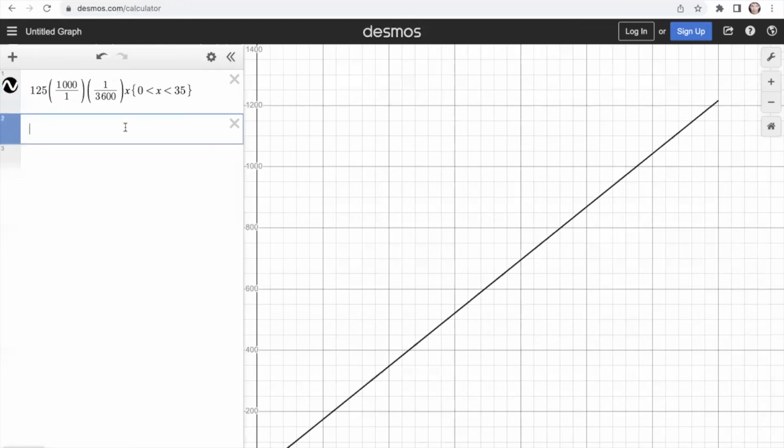Whereas the police officer, right, it had some acceleration. So the acceleration would be 1/2 times A, that was 8. Now that was kilometers per hour per second. So we do need to convert that into meters per second.